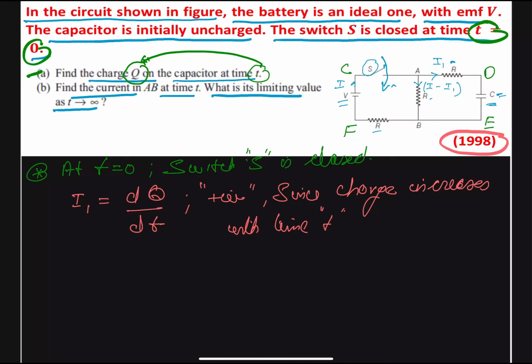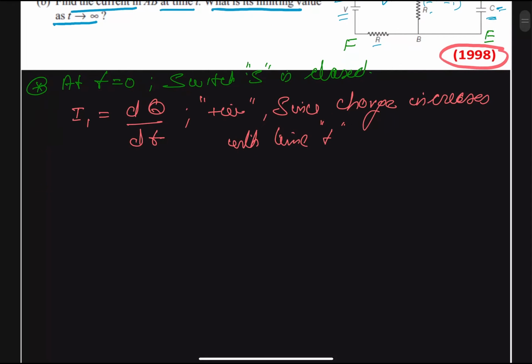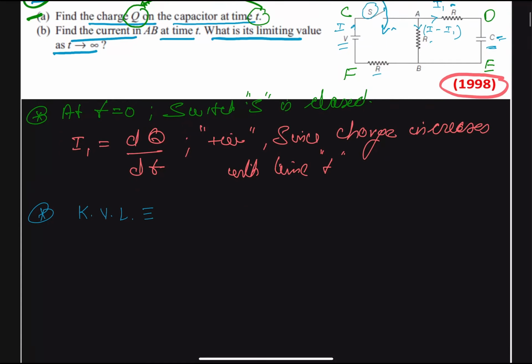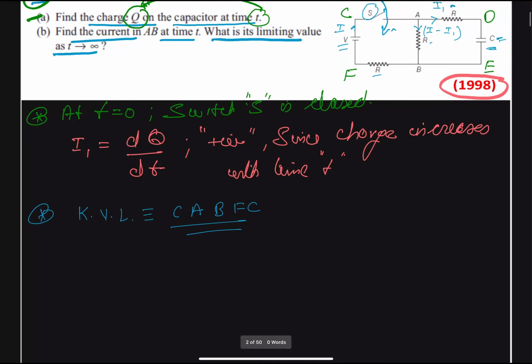So let us use KVL in the loop that is our CABFC. So we can use KVL in the loop CABFC. So we can just draw this loop.